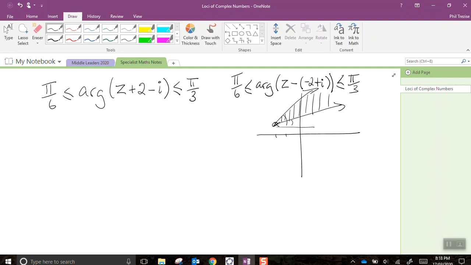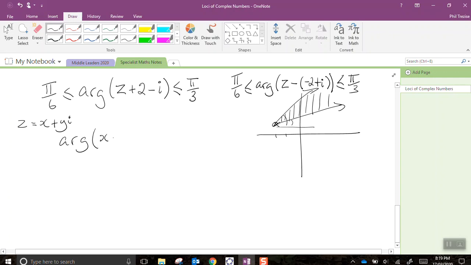Analytically, we do the same sort of thing as we have always done. We name our point x plus yi. And this time I'll split the inequality into two parts, I think. So let's work first with the argument less than or equal to pi over 3.